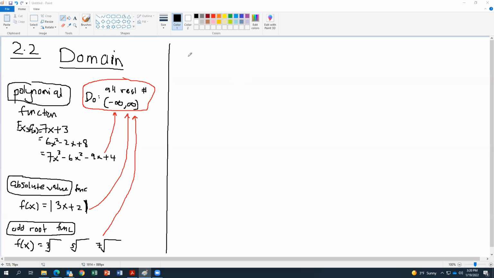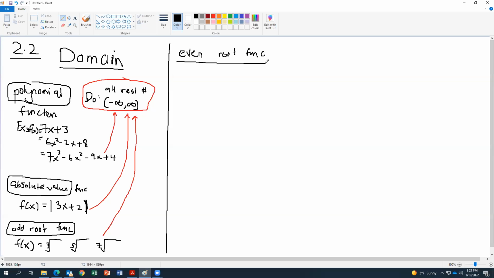So then we'll change something else. What happens if you have an even root? Remember, odd root means cube root, fifth root, seventh root, and so forth. What happens when you have an even root function?